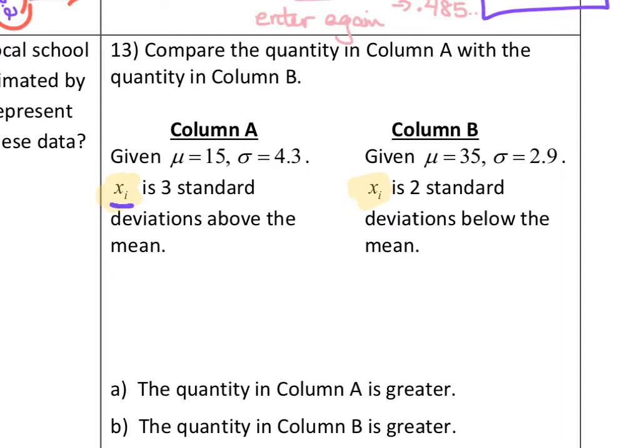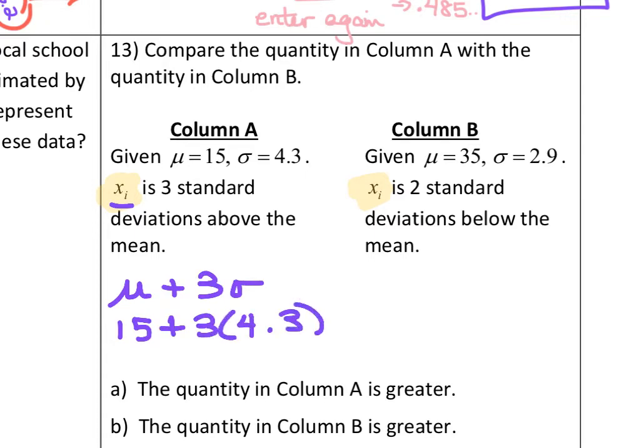And this data value is 3 standard deviations above the mean. So really you're thinking here mean plus 3 standard deviations. The mean is 15 plus 3 times the standard deviation, which is 4.3, and you can plug that into your calculator. And you should get 27.9.